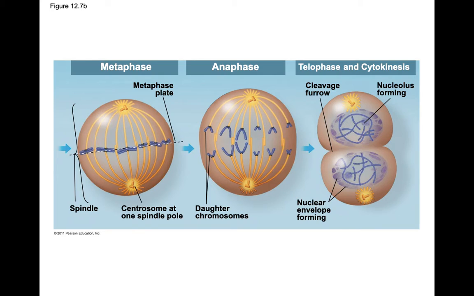So we get to metaphase, and metaphase is going to be the fourth step and the most important step in mitosis, because in order for the cell to be forming two identical copies, we need to make sure that all of the sister chromatids have been duplicated and copied. So we can see that we have our centrosomes at the poles of the cell.